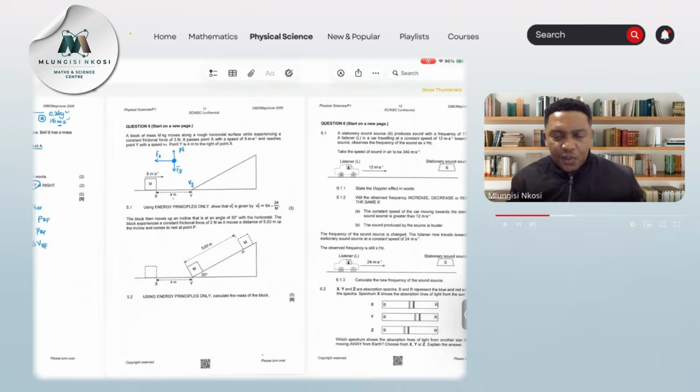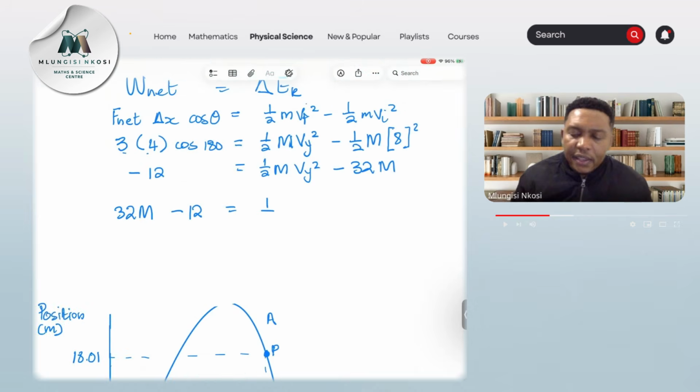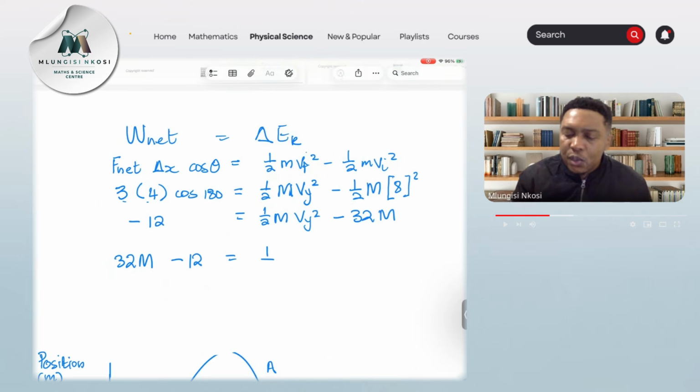All right, so we're still saying, that's going to be 32M minus 12, equal to half M Vy squared.